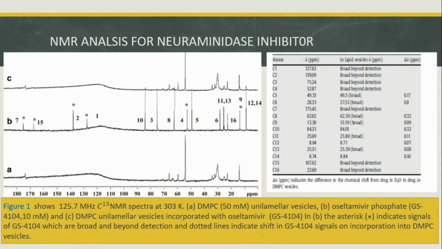Based on this result, we can put the signals into 3 categories: those that remain sharp but are shifted, those that are broad and shifted, and finally those that are broad beyond detection. This differential broadening of the GS4104 resonance arises because different parts of the drug bind to the lipid bilayer with different affinity.